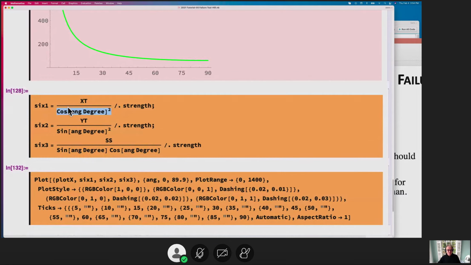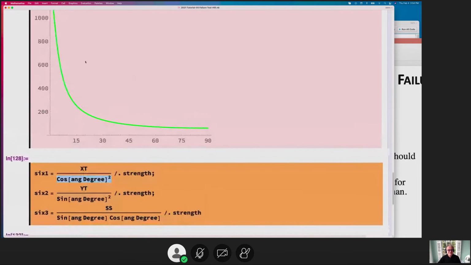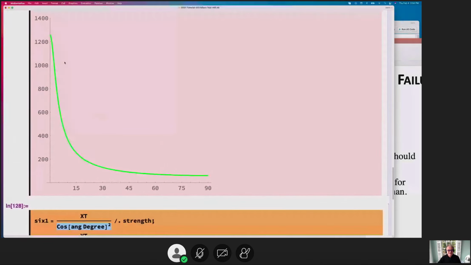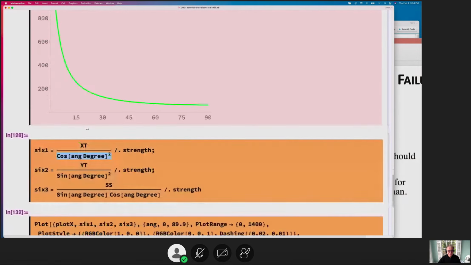This is the fiber direction failure. This is transverse to the fiber failure. And this is like the max stress criteria. This is Tsai-Hill, which includes the interaction between sigma 1, sigma 2, and tau 12.